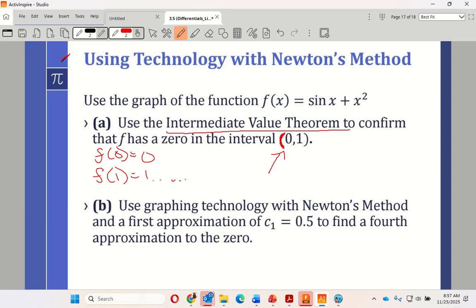So if I have a start here and I end there, it's guaranteed to cross the road. But if I start here and I don't end over there, I could have crossed it 14 times. But using the intermediate value theorem, I cannot prove that I crossed the road. Okay? Now, let's go ahead and try this out with the calculator here.